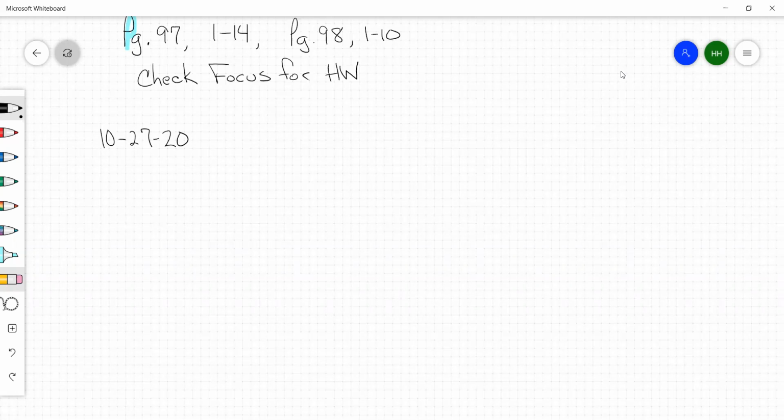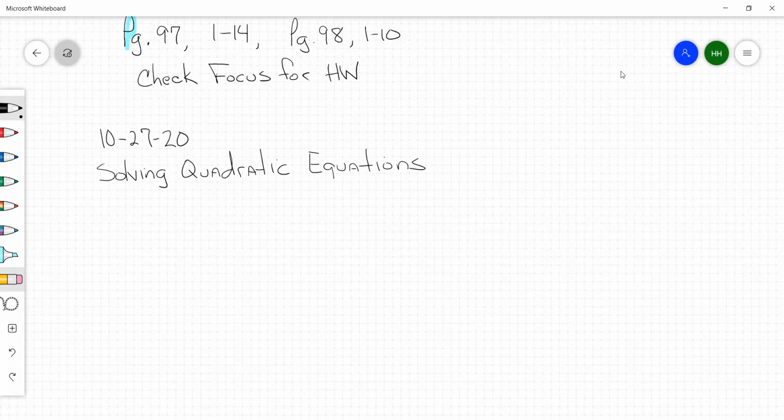Today we're going to be doing what's called solving quadratic equations. All right, so let's start off here.